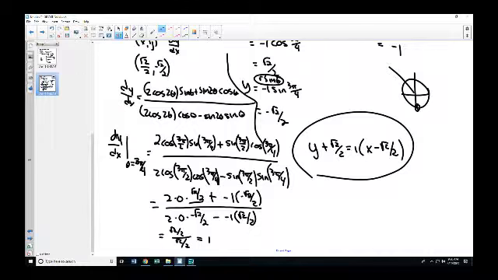There's a related rates problem out there in polar coordinates. I'm not up on my polar applications, but they happen.